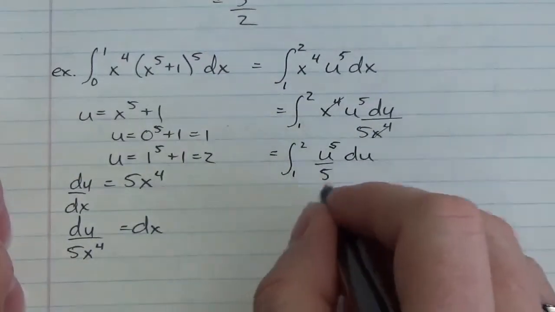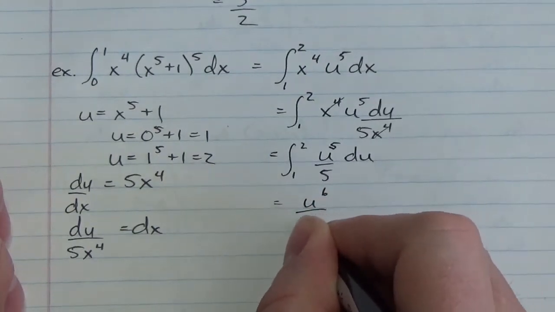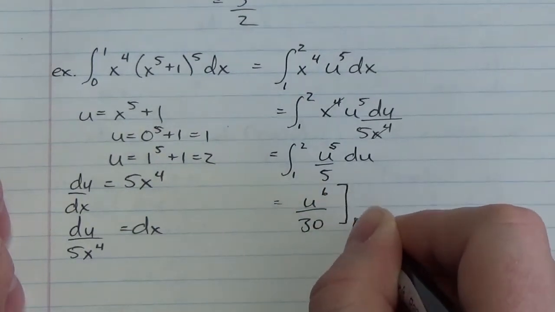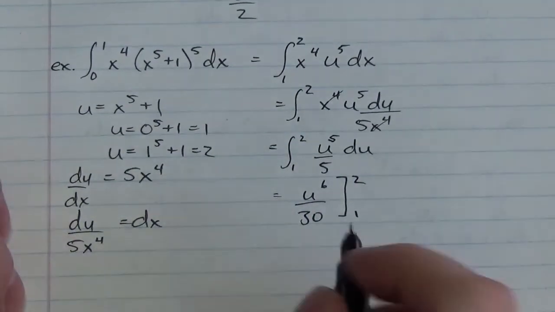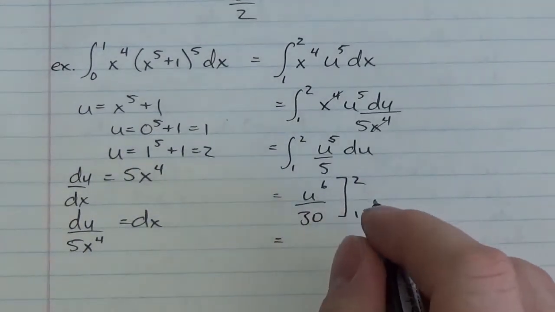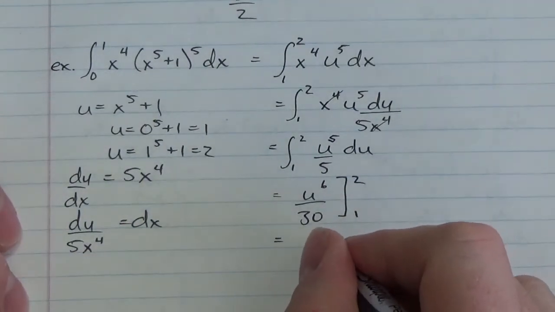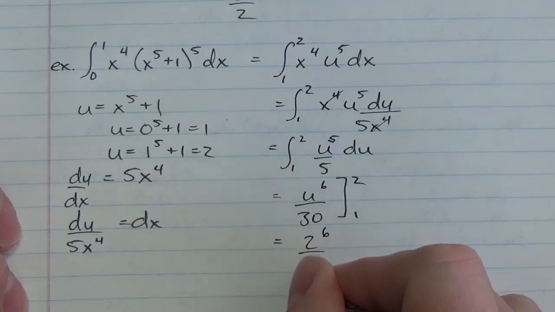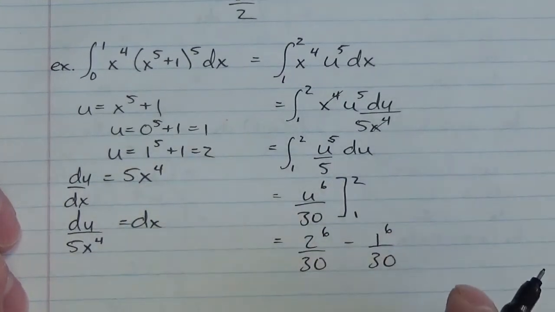So now when I take the antiderivative of this, this will be u to the sixth over 30 evaluated between 1 and 2. And I don't need to write the plus c because this is a definite integral. So now this will end up being 2 to the sixth over 30 minus 1 to the sixth over 30.